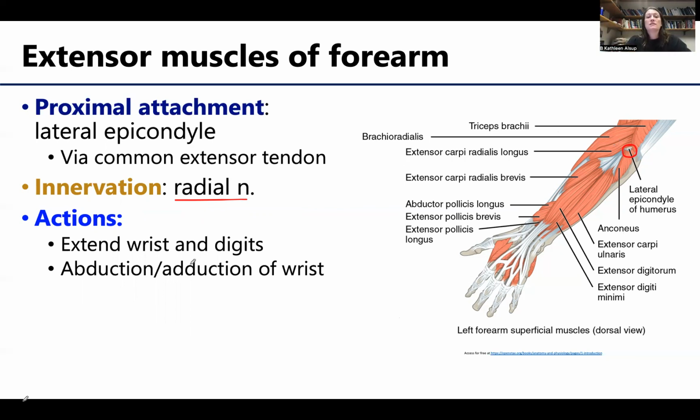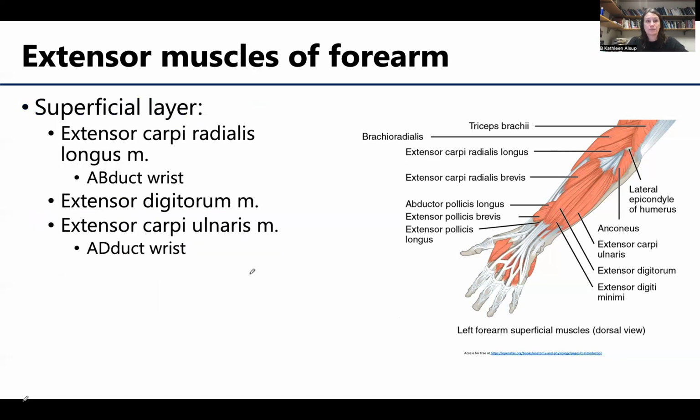And most of these muscles are going to play a role in terms of extension of the wrist and the digits, similar to what we had on the flexor side, but the opposite action, right? And then those extensor carpi muscles, so we'll have a radialis longus and brevis, as well as an extensor carpi ulnaris. Those will play a role in terms of abduction and adduction. And you can see that here.